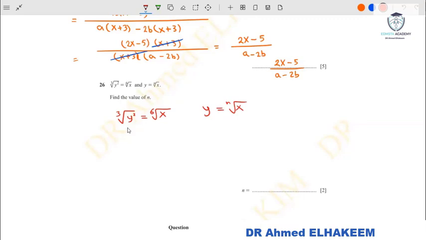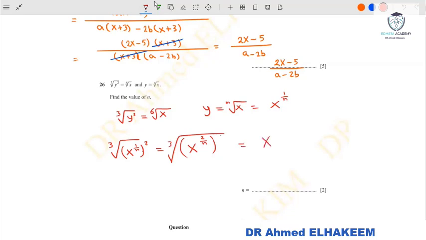We will substitute y here, so this is equal to x power 1 over n. So we'll put it here, x power 1 over n, all to the power 2. Okay, so now x power 2 over n, all under the third root.